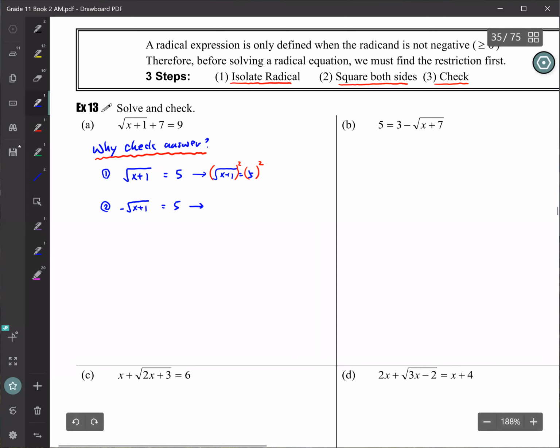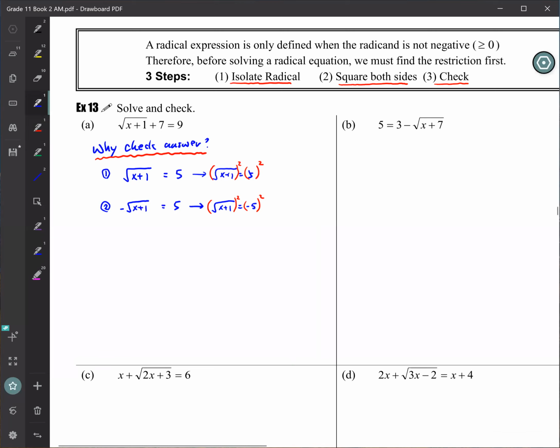And then for the second one, I will do the same thing, but first I will isolate the radical. So I'll multiply both sides by -1 to get rid of the negative on the left side. And then I will square both sides. I isolate the radical and then square both sides.